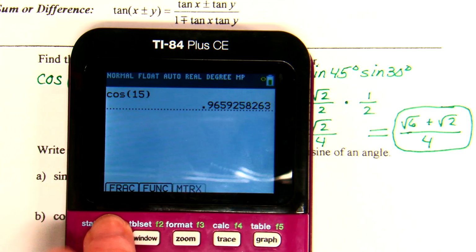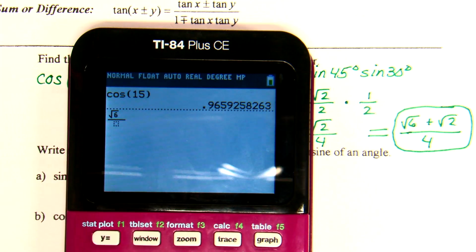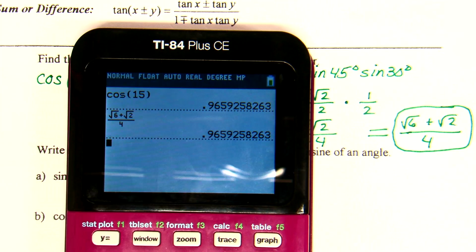And guess what? They're identical. So that's kind of a check for yourself. Not that it really helps a whole lot, other than you get to the end and you know it's right. But it is equivalent. The difference was I wasn't supposed to pick up my calculator to do this problem.